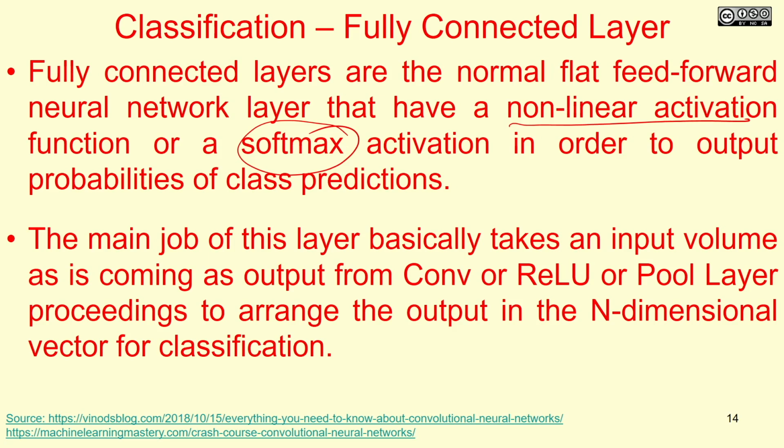The major job of this layer is that it will take an input and produce output according to the operations performed previously, that is the conv operation, ReLU operation or pool operation. And it prepares itself to do the task of classification. So this is the fully connected layer.